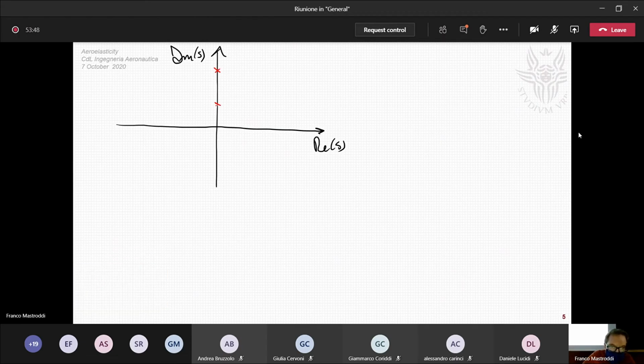Start at plus j omega 1, plus j omega 2, minus j omega 1, minus j omega 2, and then go down, go up, down, hit the coalescence, and then here and here, and the same here, and then right hand side, left hand side here. Okay?